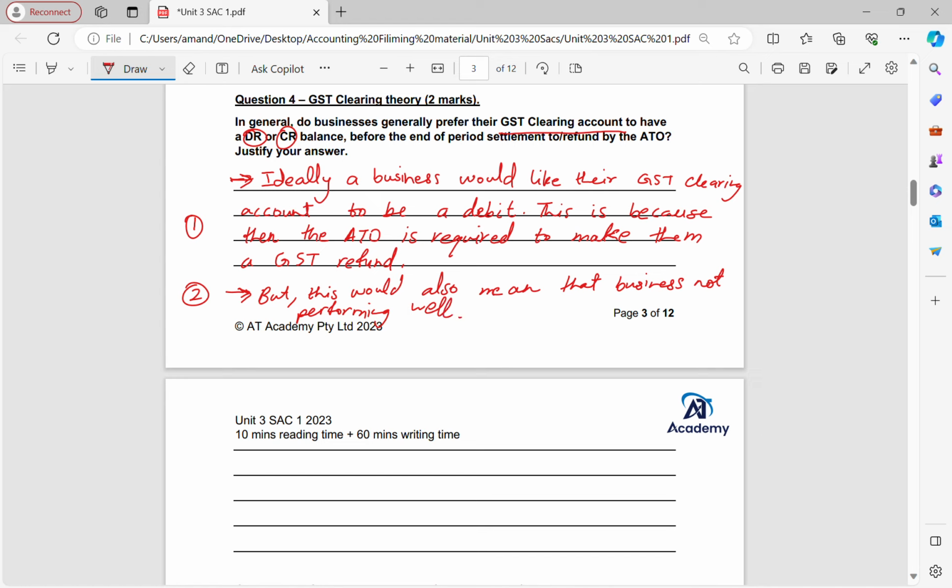This is because when a business has a debit balance for the GST clearing account, that means they have more purchases than sales, which is not good, right?